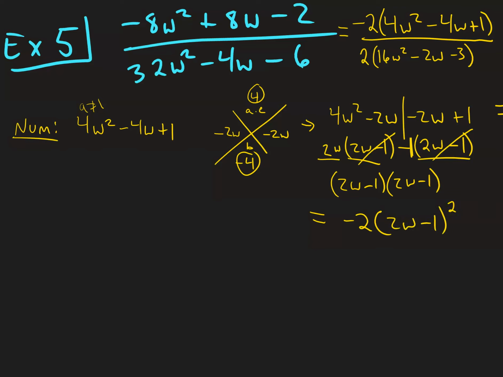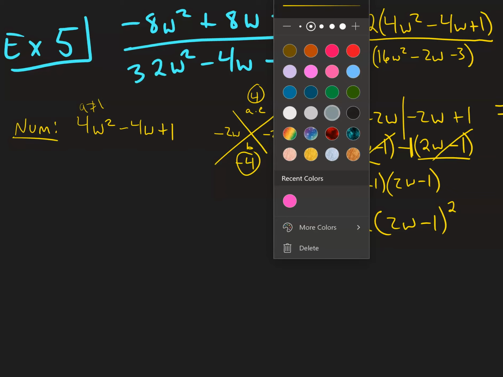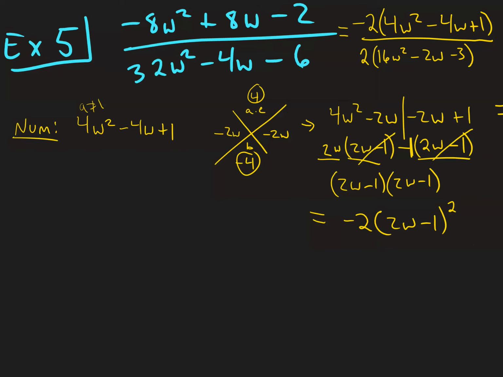squared. Now let's get our denominator factored as well. So our denominator is going to look like this: 16w to the second power minus 2w minus 3. So again, I'm going to make my x here.